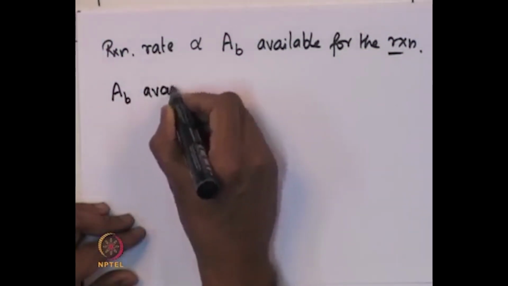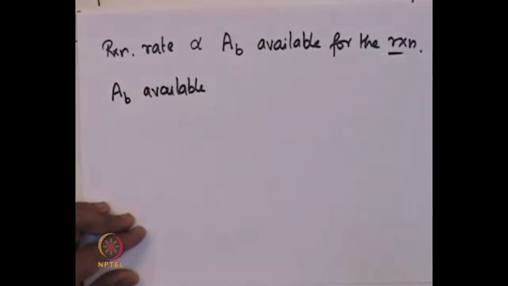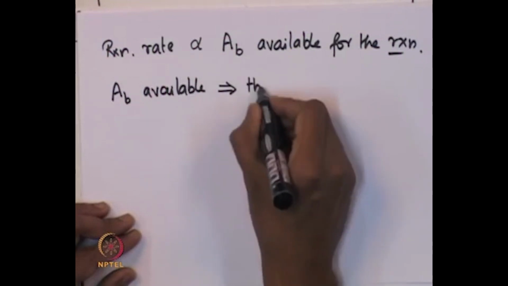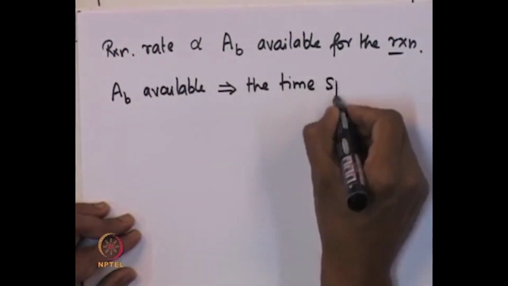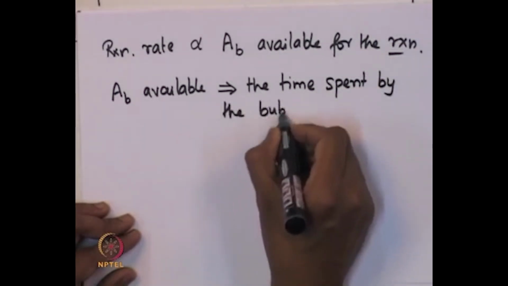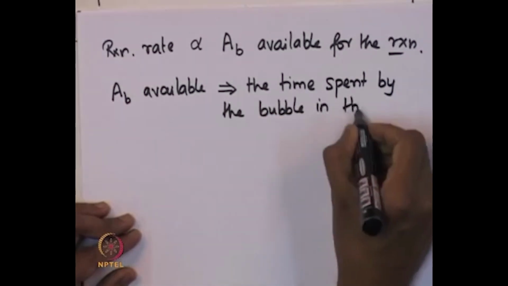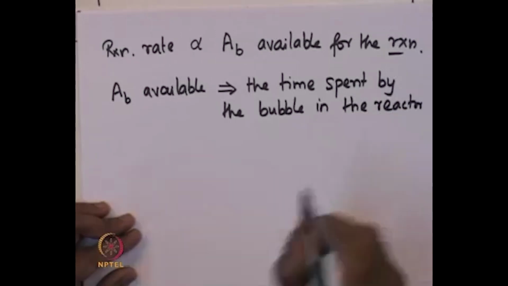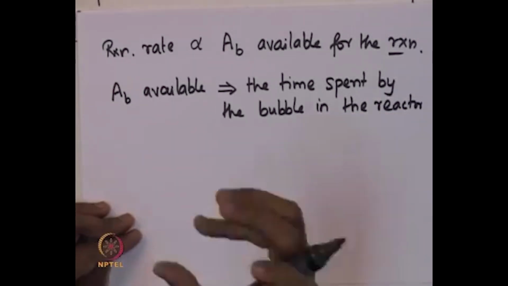So, remember, it is not just the surface area of the bubble, it is the surface area of the bubble which is available for the reaction to occur when the bubble is rising from the bottom to the top of the reactor, and that depends upon the amount of time that the bubble spends inside the reactor.